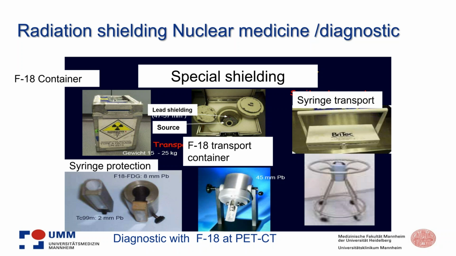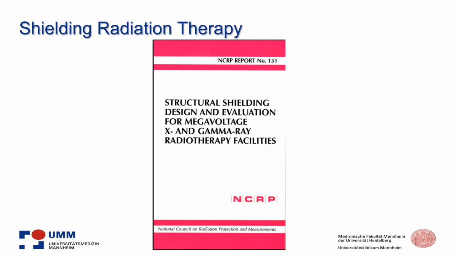For technetium 99 you need only 2 millimeters lead, and for fluor 18 you have 8 millimeters. So you have a higher energy, a higher half value layer, a higher tenth value layer, and in this case, at the end, the thickness of the material increases. Yeah, next one.